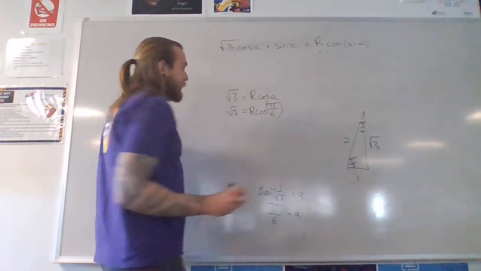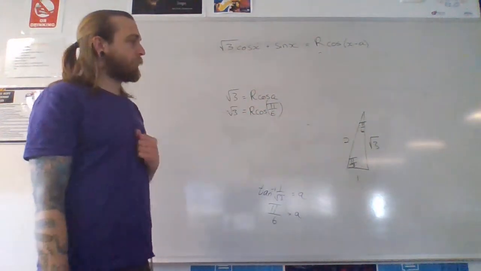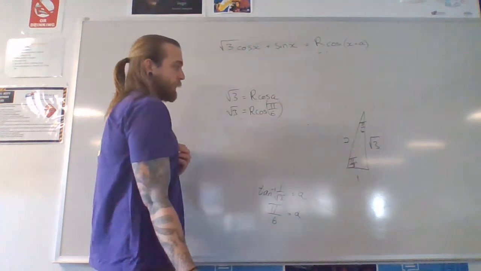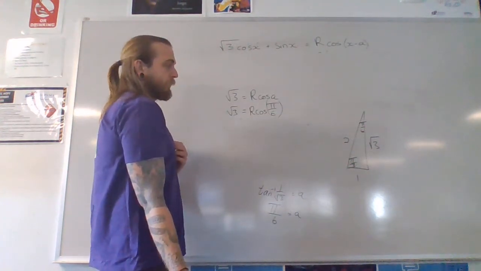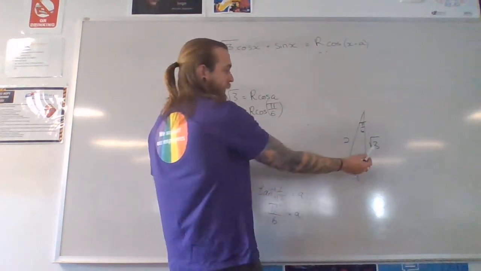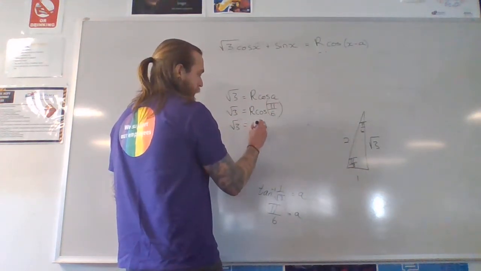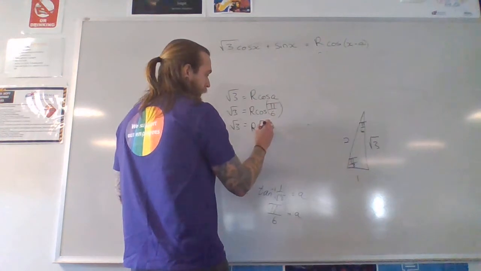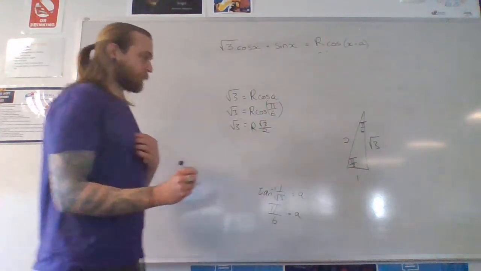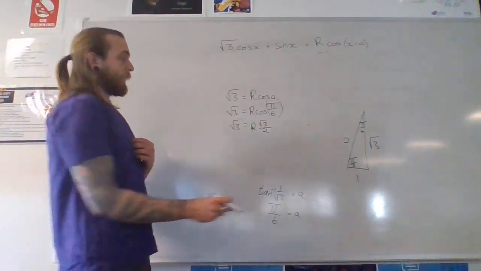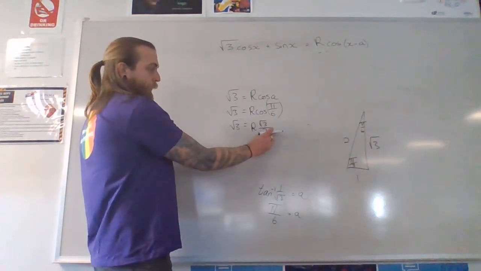Okay. So we've got root 3 equals r cos pi on 6. We go back to our triangle, pi on 6, and remember that cos is adjacent over hypotenuse. So that's going to be root 3 is equal to r root 3 on 2. The easiest way to solve for r now is to divide by root 3 on 2.